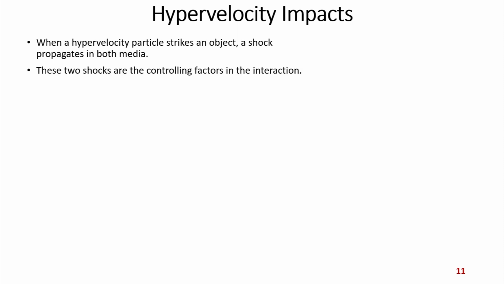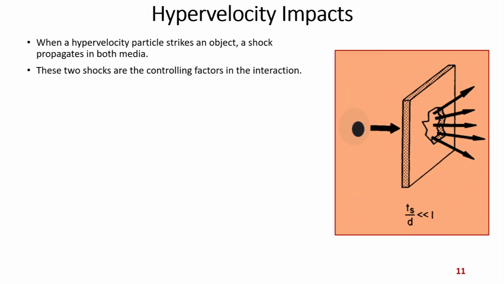Because of the density and the material properties, it comes from Newton's third law of motion. So, there are the shock waves, and these two shocks are the controlling factors of the interaction.